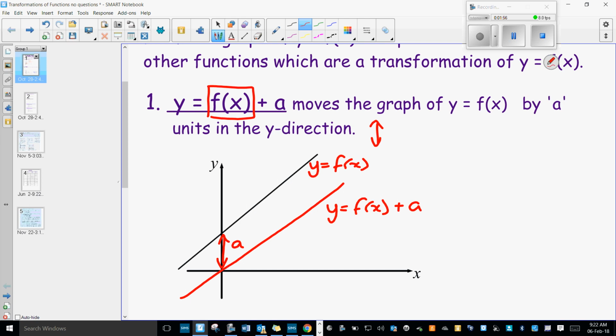What do I know about a? A is negative in this case. Understand that? Okay, so if I have a number stuck on the end of a function, I know that it's going to shift it up or down by however many a is. So I've made sure that I've gone down here so you know that it can be going down even though it says plus a, because a can be a negative value.